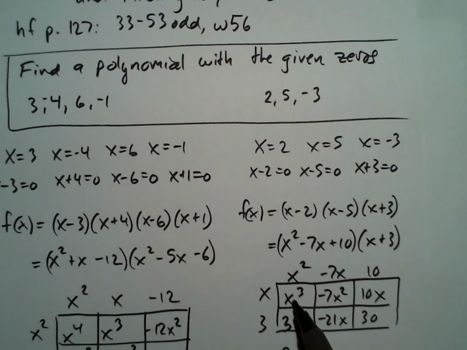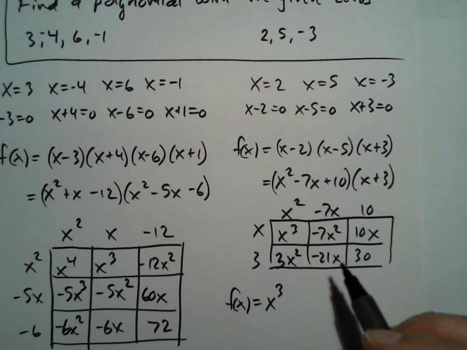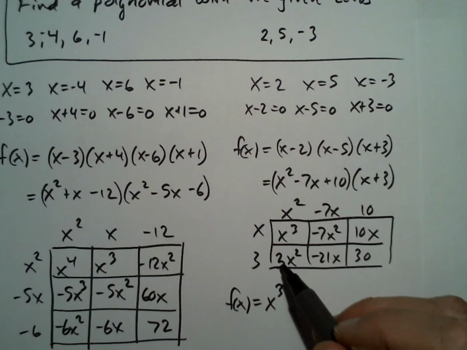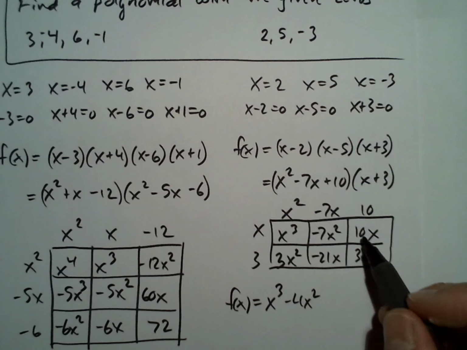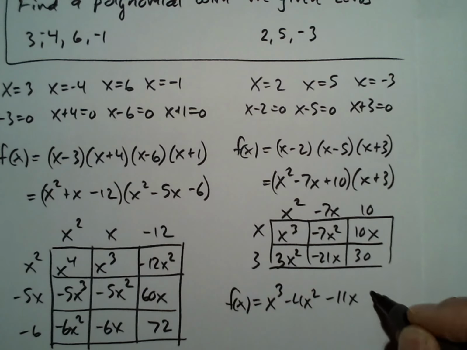Okay, x cubed minus 4x squared. This will give you minus 11x plus 30.